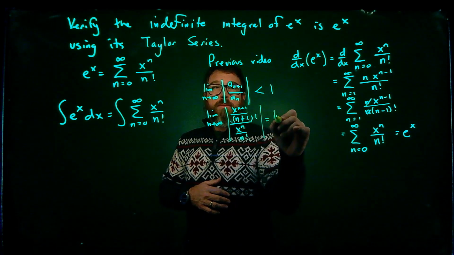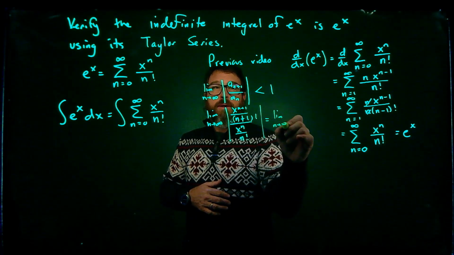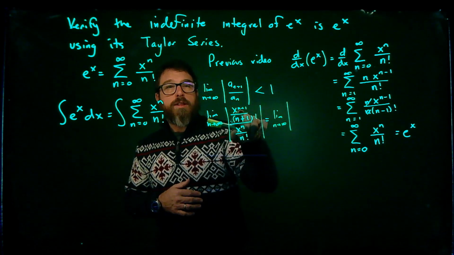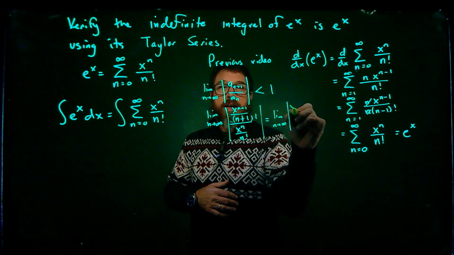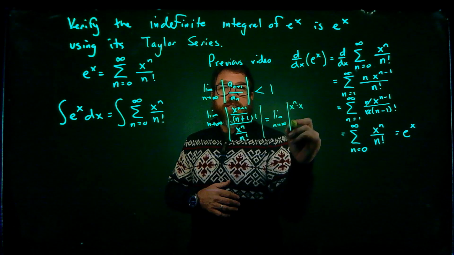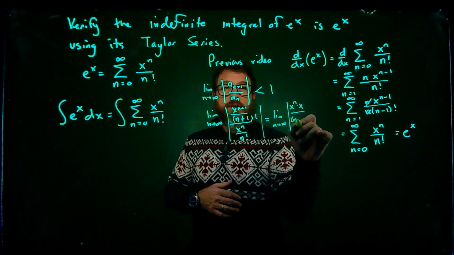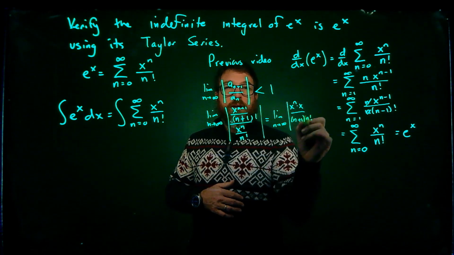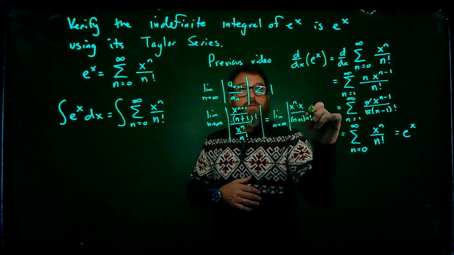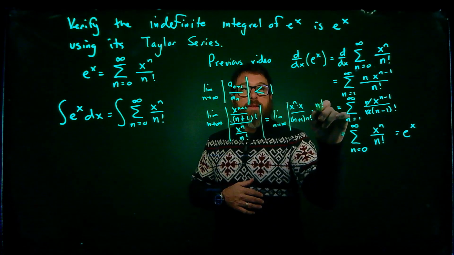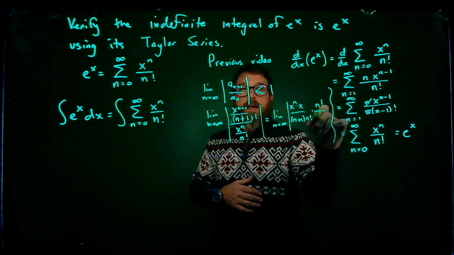Now I'm going to rewrite this by multiplying by its reciprocal, and also rewriting x to the n plus 1 as x to the n times x, and rewriting the n plus 1 factorial, similar to what I did over here, as n plus 1 times n factorial. And then when we multiply by the reciprocal, we're going to have an n factorial here, and divided by x to the n.